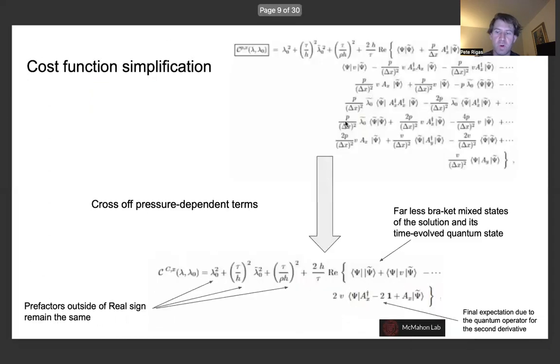And we can form a simplification for the cost function by crossing off pressure dependent terms to obtain a far less complicated superposition for Navier-Stokes, in which the prefactors remain the same, but we have a less complicated superposition with a final expectation term due to a quantum operator for the second derivative that appears in the statement of the partial differential equation.